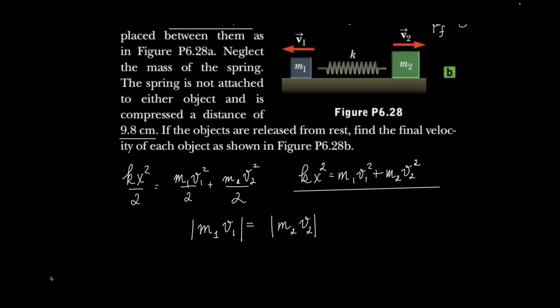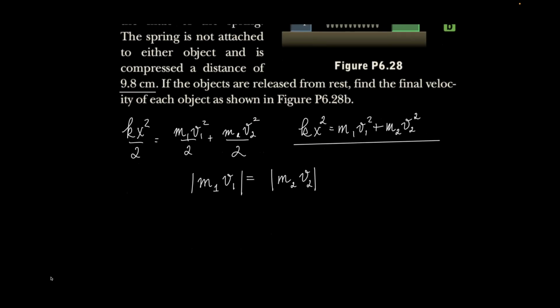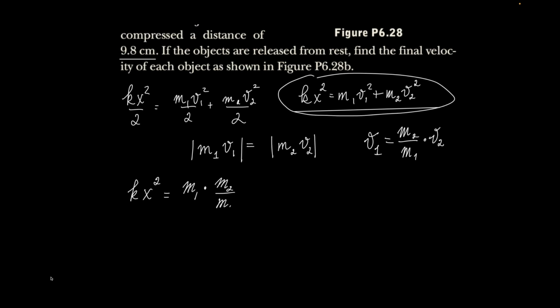We are looking to find the final velocity of each object, so it doesn't really matter which one we go for. I'll go for v1. So v1 will be m2 over m1 times v2. Then I'm going to go back to this equation, and kx squared will be equal to m1 times m2 over m1 squared times v2 squared plus m2 v2 squared.